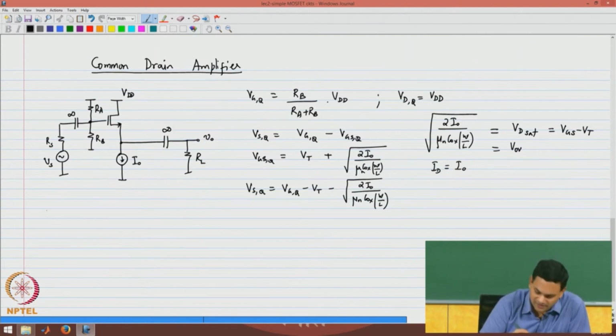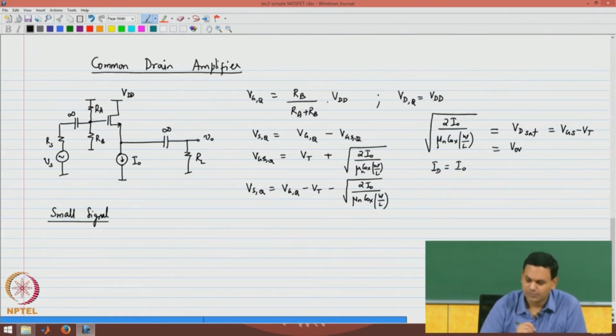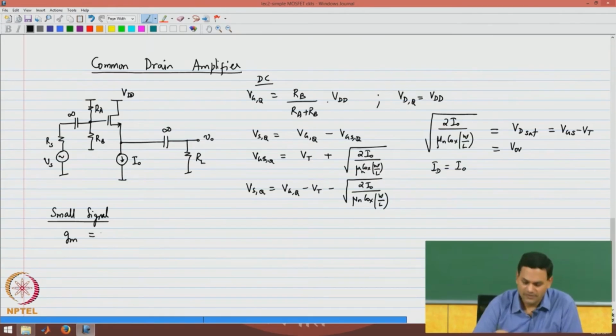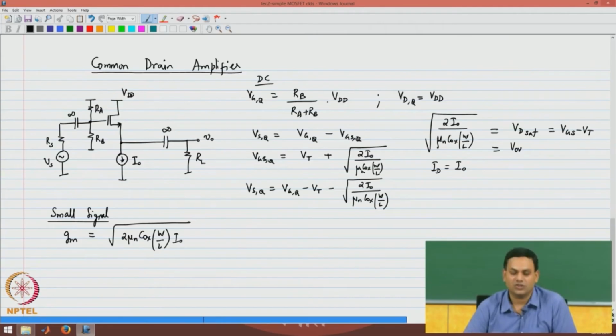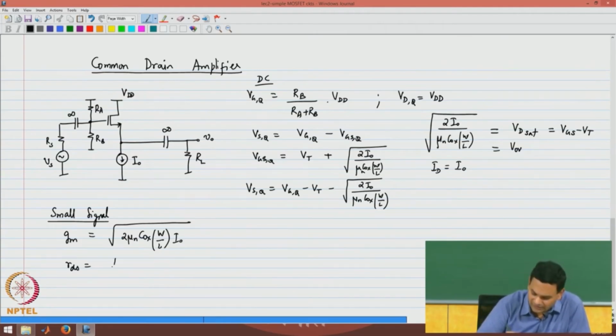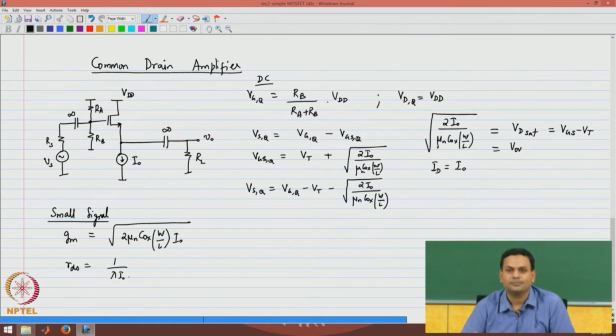Now, let us move on to the small signal analysis. This was DC so far. So, again the first step is to figure out the gm, and since we know the current, we can figure out the gm, and as before rds is 1 over lambda I naught. So, now we can draw the small signal equivalent circuit.